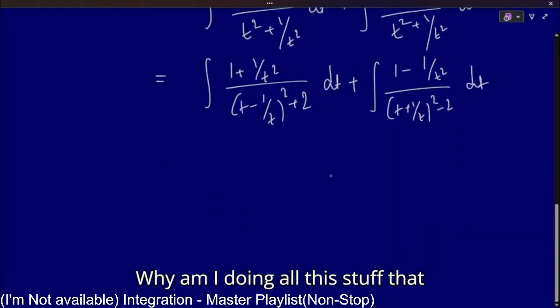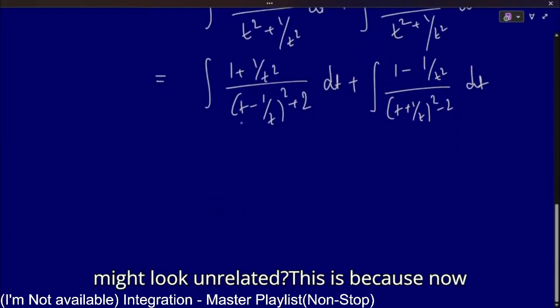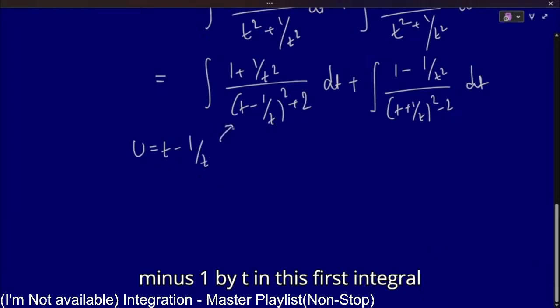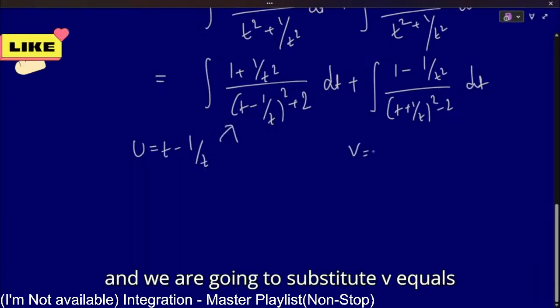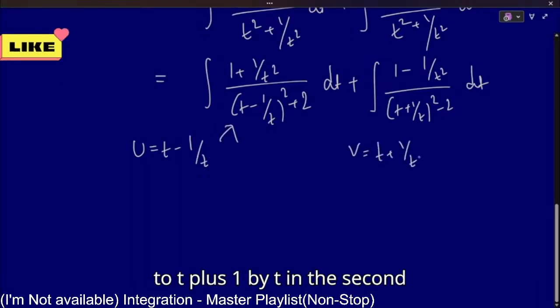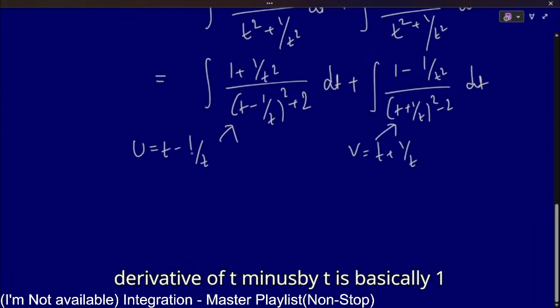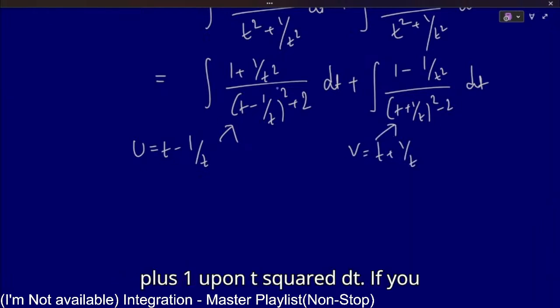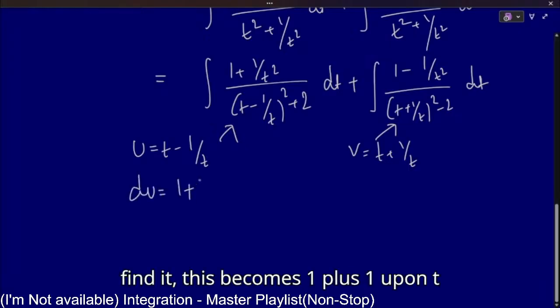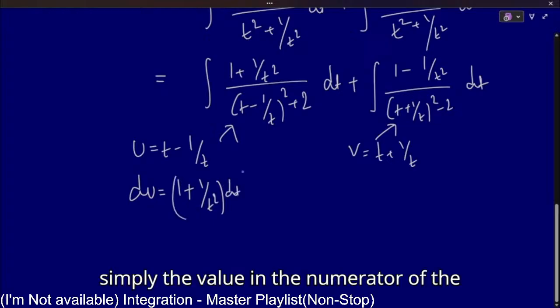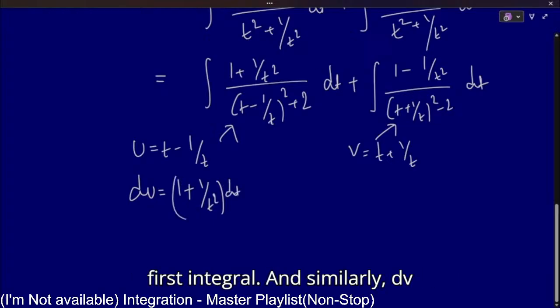Why am I doing all this stuff that might look unrelated? This is because now we are going to substitute u equals t minus 1 by t in the first integral, and we are going to substitute v equals t plus 1 by t in the second integral. This is because the derivative of t minus 1 by t is basically 1 plus 1 upon t squared dt, which is simply the value in the numerator of the first integral.